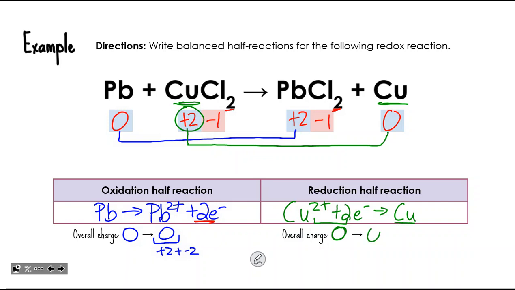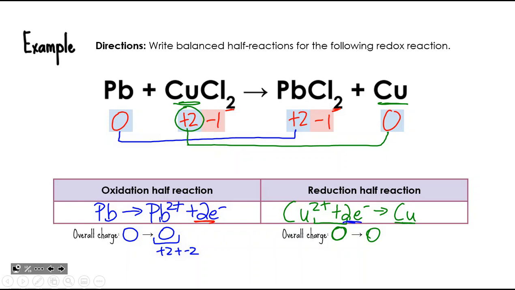And then, of course, the copper is 0. Like stated before in the previous slide, the reduction half reaction is going to have the electrons as a reactant, as it's gaining those electrons. This one's particularly easy because everything in the balanced reaction is a 1-to-1-to-1 ratio for the molar relationship.